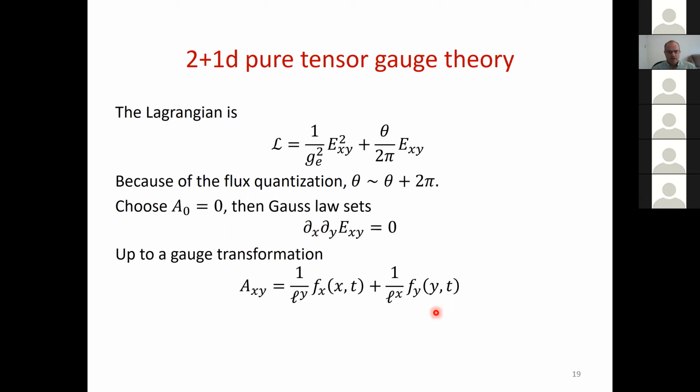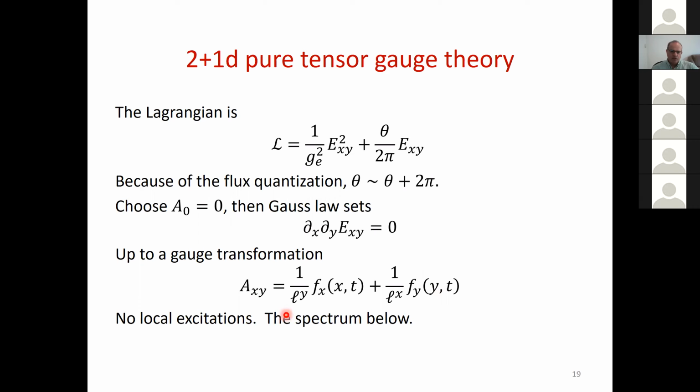So AXY is a function of X plus a function of Y with convenient normalizations. And the first thing we learn is that there are no local excitations. If we pick A0 equals 0 gauge, the solution of Gauss' law, the solution for AXY modulo gauge transformations, is a function of X plus a function of Y, but there is no function of X and Y.